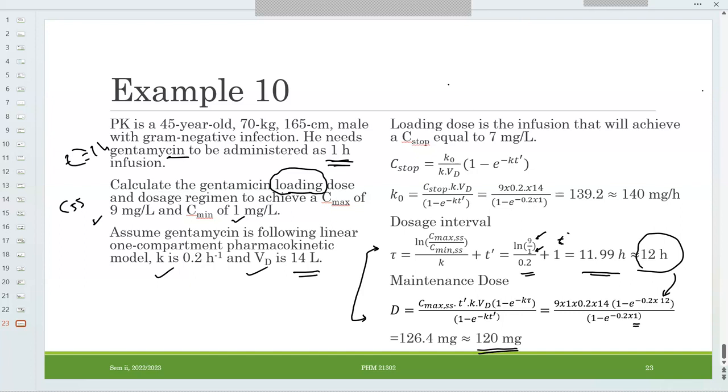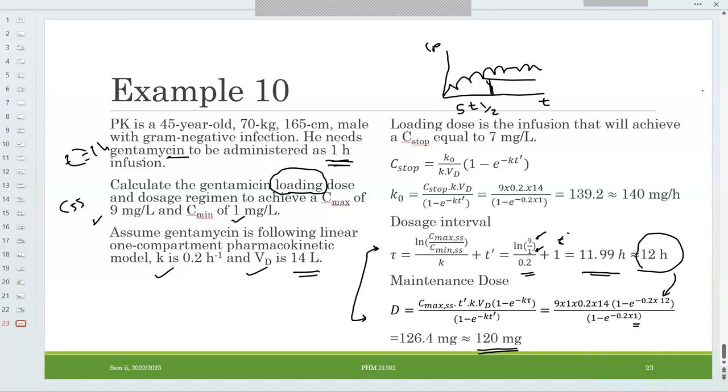So now what about the loading dose? We mentioned before that with continuous dosing, the concentration will increase gradually until reaching steady state, and this will take 5 half-lives at least, or you can say 7 half-lives ideally. I don't want to wait, because gentamicin is given to treat infection.